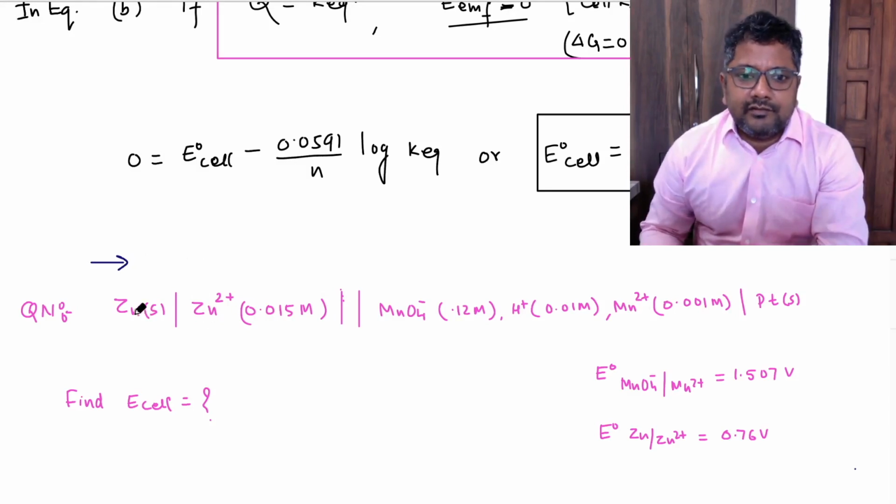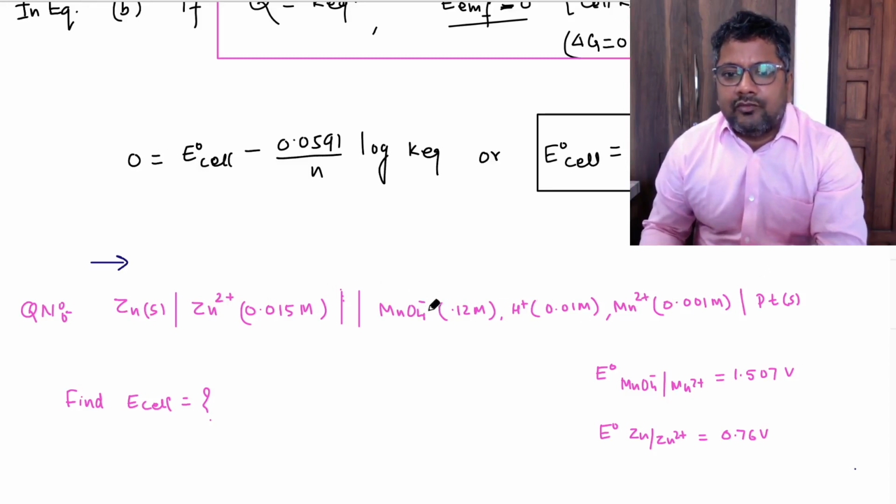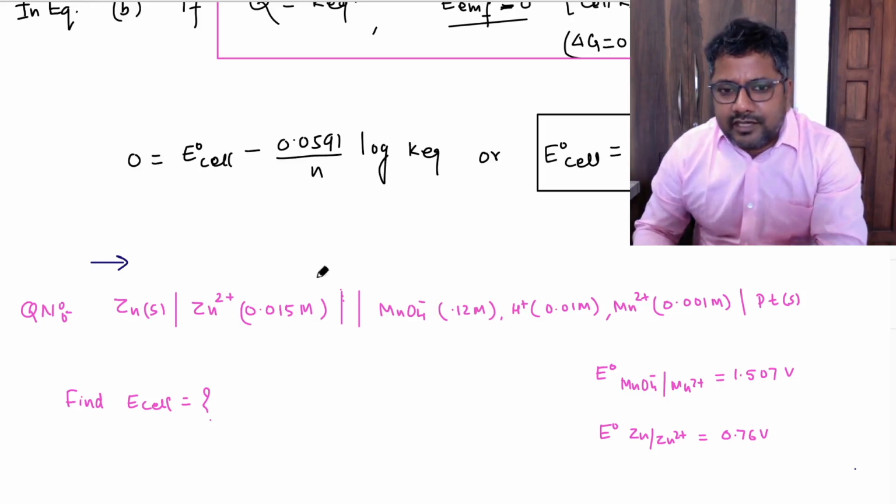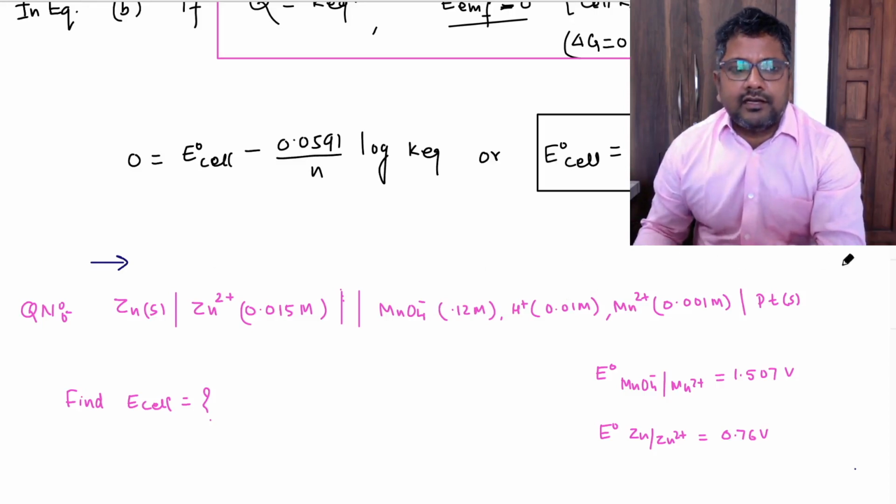See here, Zn, start from here. Zn is converting into Zn2+, and MnO4- is converting into Mn2+. In the same manner, from left to right, you can assume the things are oxidizing and reducing.